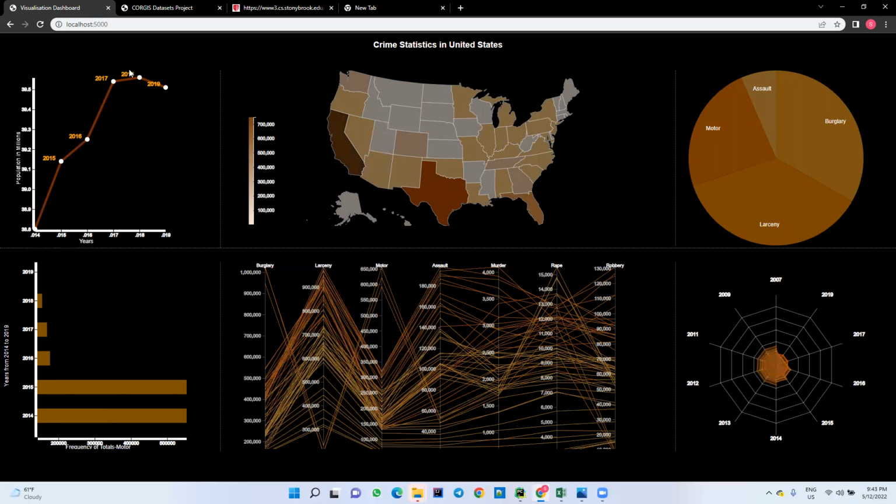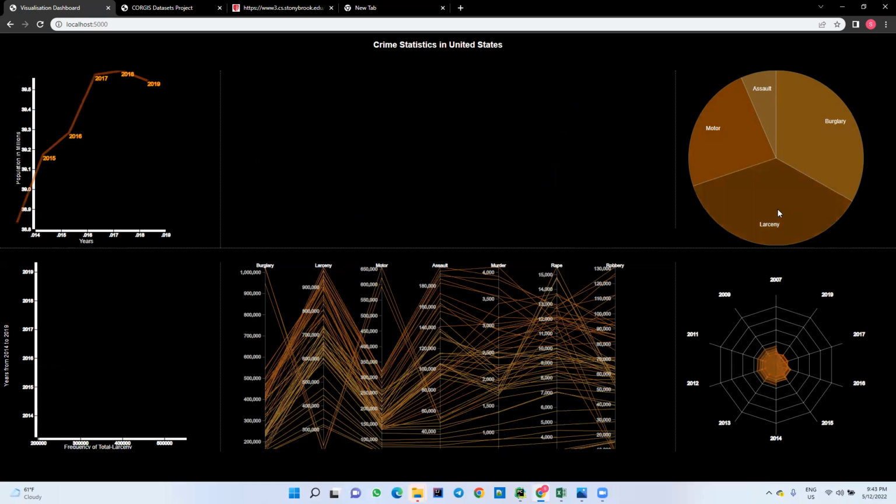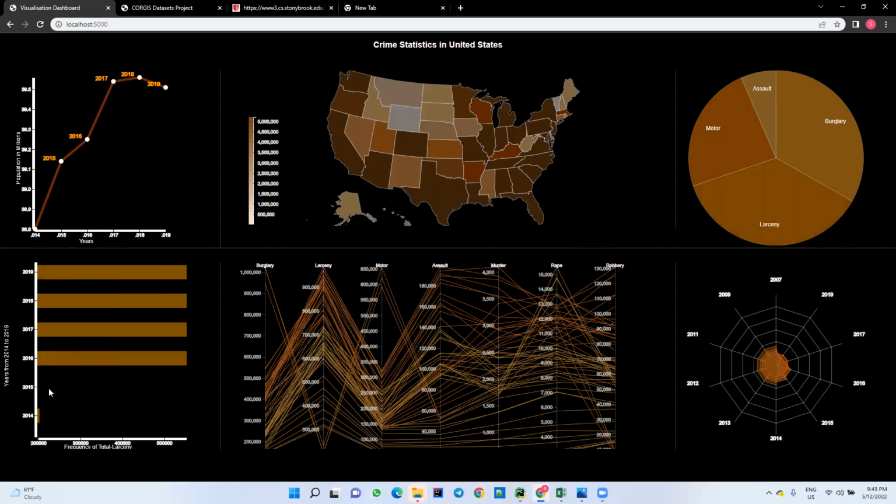This complex interaction between the line chart and the pie chart is shown in this bar chart in a simplified version. So as I had selected the motor crime, we can see there is a significant decrease over the years. And if I select the larceny crime, we can see there is a significant increase over the years. So this is a simplified version of these two charts, that is bar chart and line chart interactions.